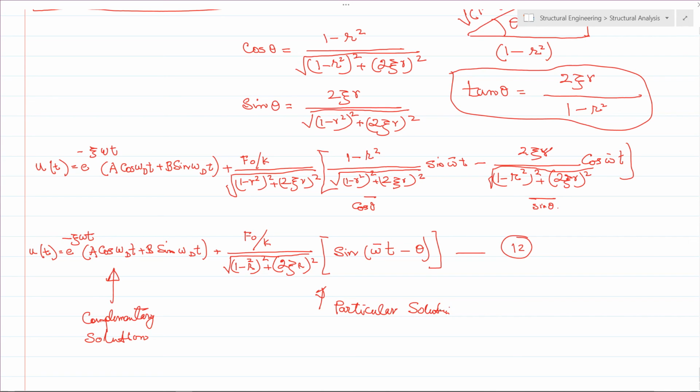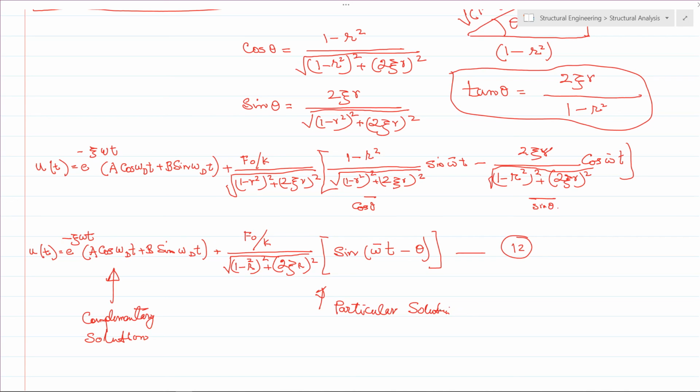This complementary solution represents the transient response, and as we have discussed before, the transient response dies out with the passage of time.